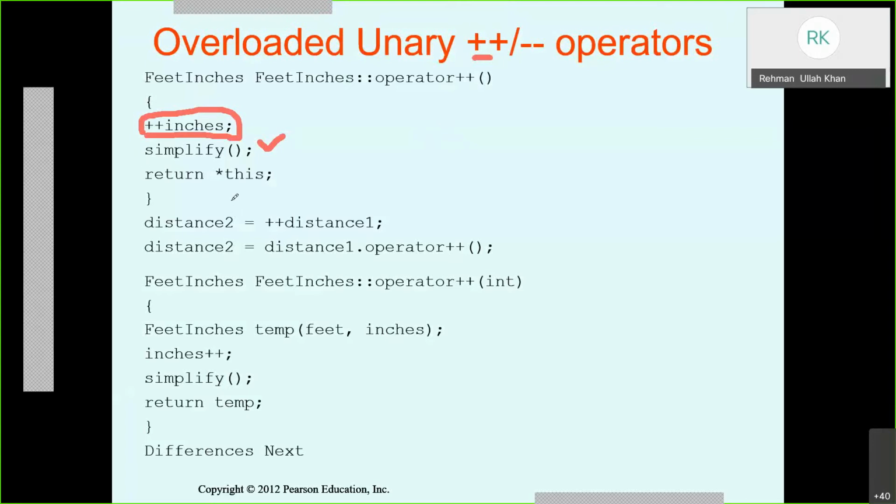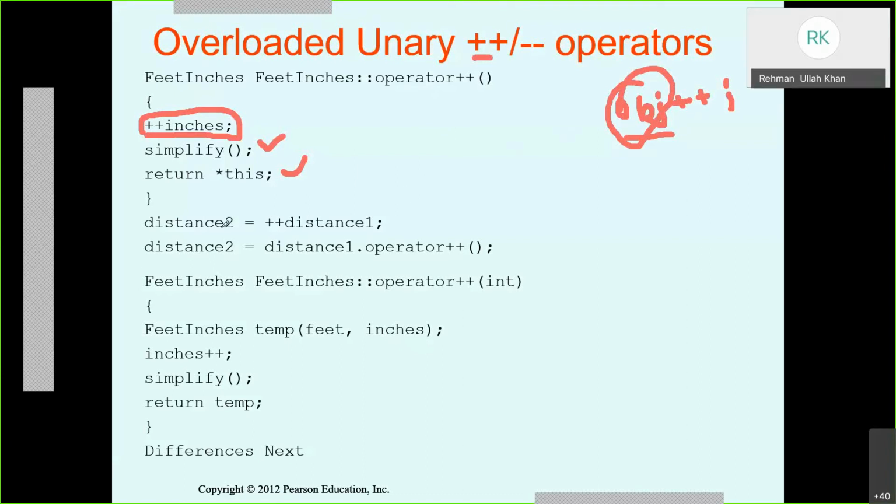Suppose the object is obj, obj plus plus, so the same object is calling, and its own inches will be incremented. Then simplify and return. Whatever value is returned, it will be assigned again.